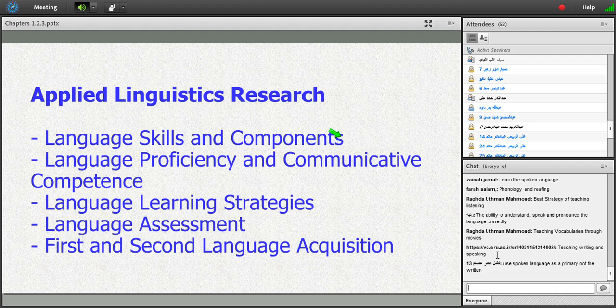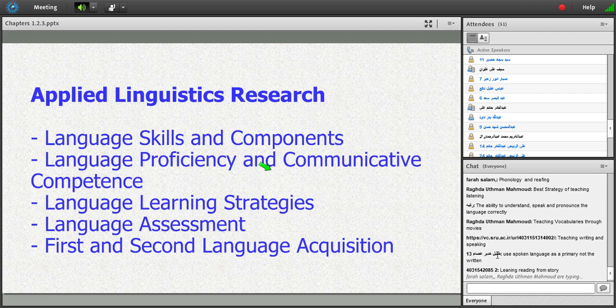Good, thank you. Another area of research is language proficiency and communicative competence. So can you tell me the definition of communicative competence, what it is? So what do we mean by communicative competence? Components of language and associated terminology.